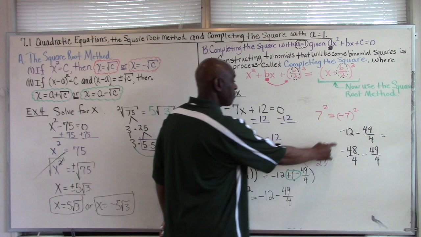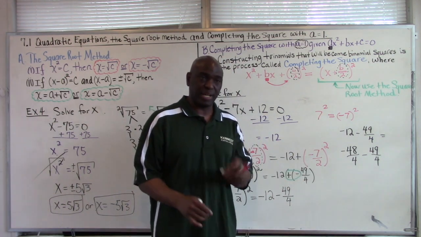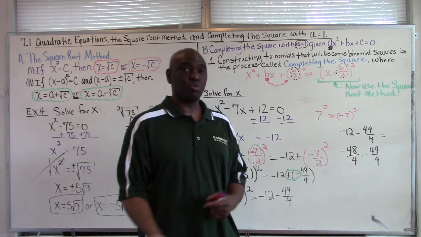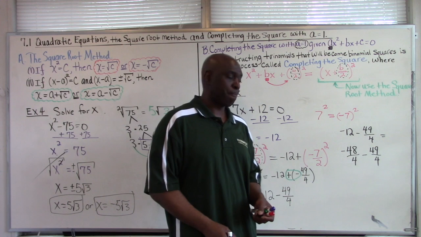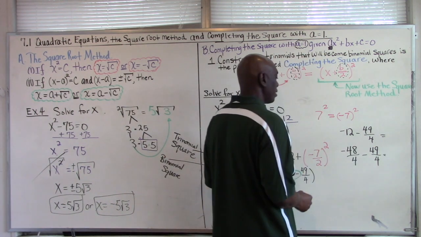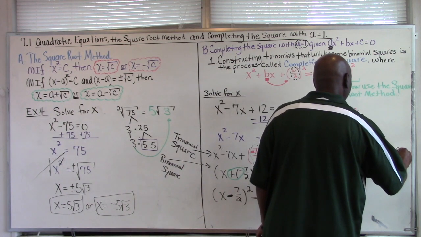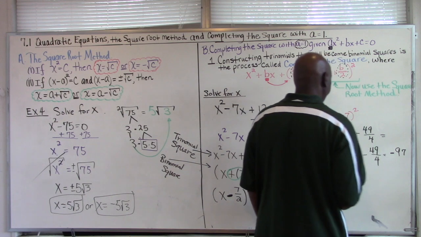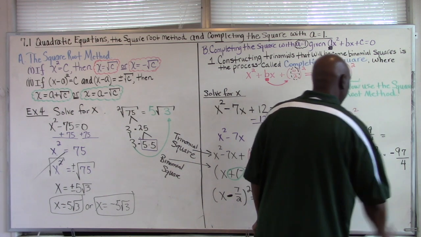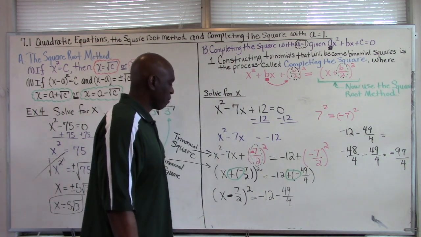So I wrote negative 12 as negative 48 divided by 4, because negative 48 divided by 4 is negative 12. So I just rewrote negative 12, okay? Which equals, what's that going to give us? Negative 97 over 4. So that's what we get, negative 97 divided by 4.